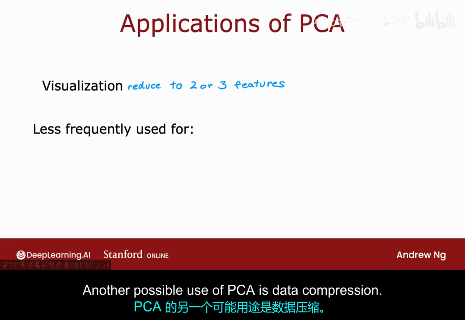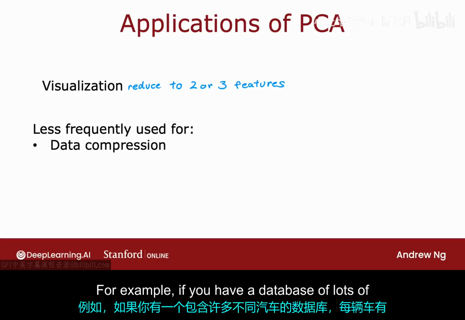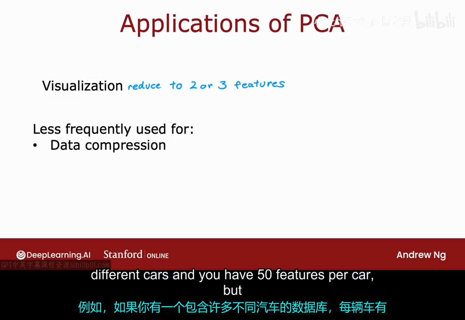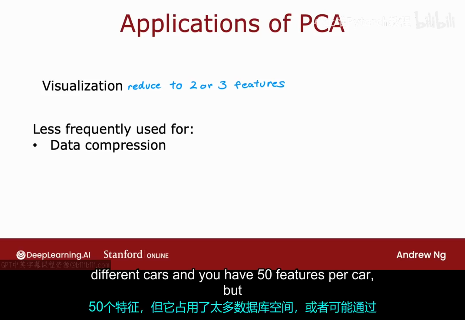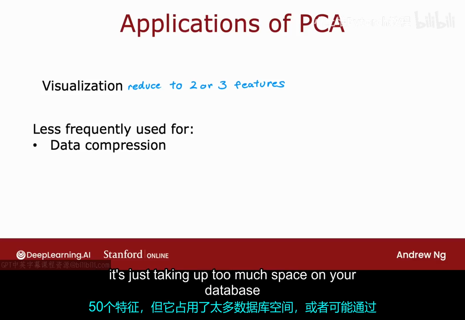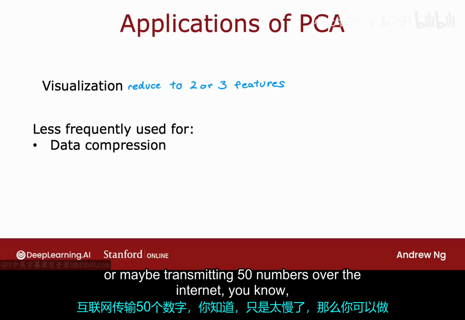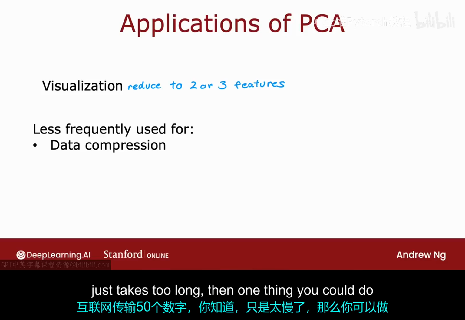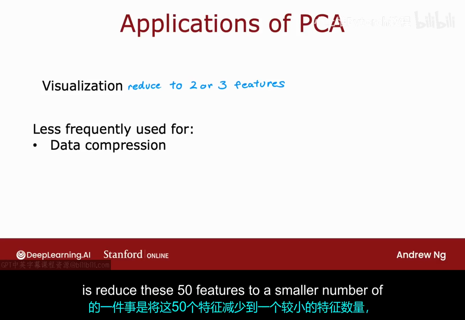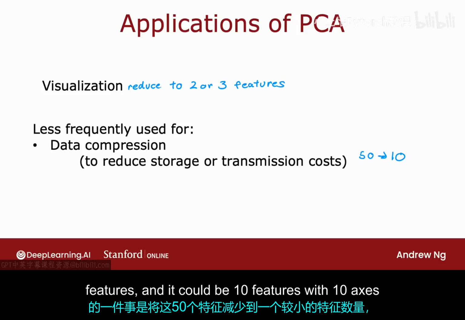Another possible use for PCA is data compression. For example, if you have a database of lots of different cars and you have 50 features per car, but it's just taking up too much space on your database, or maybe transmitting 50 numbers over the internet just takes too long. Then one thing you could do is reduce these 50 features to a smaller number of features.